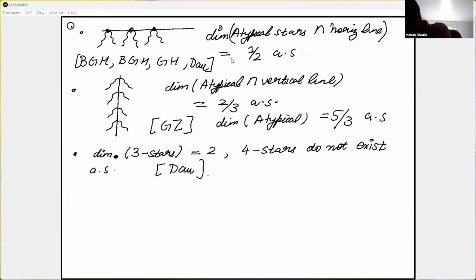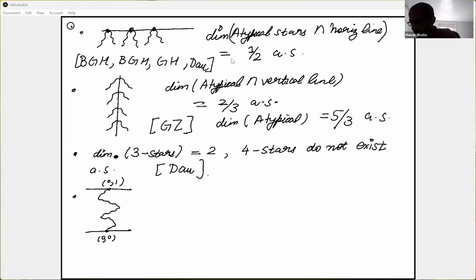So you want to compare how many atypical stars there are on a geodesic to how many stars there are in a typical region, right? So what do we do? We take a geodesic between say 0 and the point 1. Okay, take a geodesic.